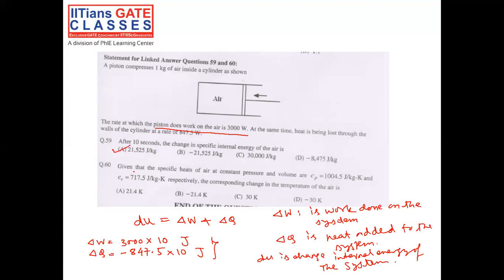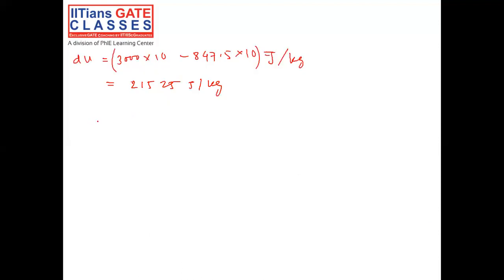And in the second question, it is saying that the specific heat of the air Cp is given and Cv is given, then the corresponding change in the temperature of the air. Okay, so we know that the change in internal energy can be written as Cv into dT, right?